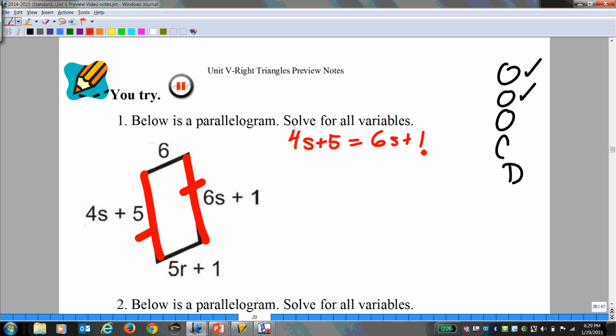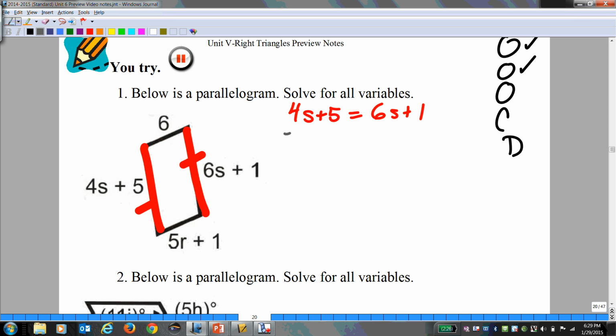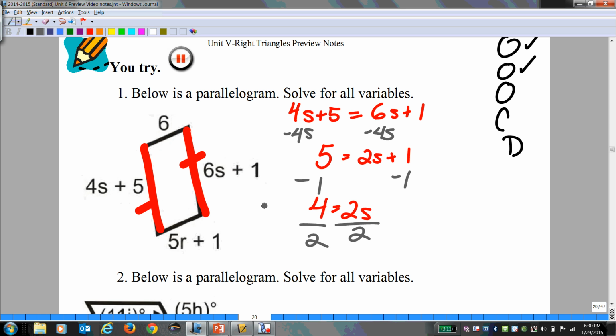Write that out and do the algebra with me. So you solve for s there, and you see that s equals 2.